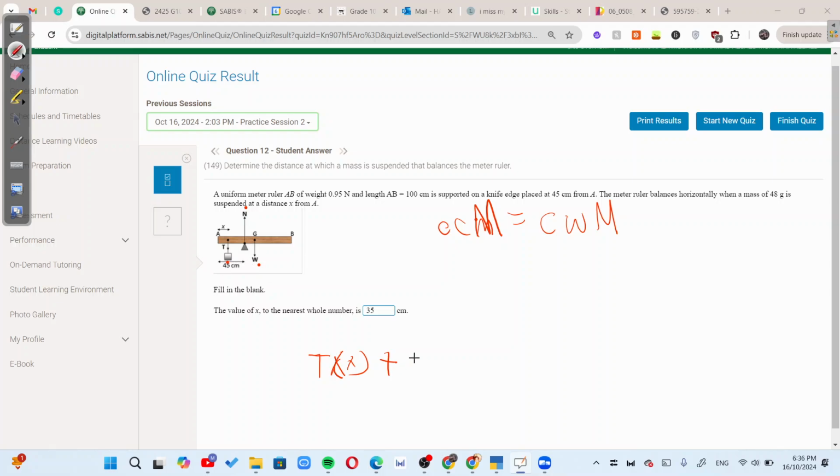I'll tell you where we get the 50. We said this is a uniform meter ruler. 1 meter, half of it is 50 centimeters. Equals the counterclockwise moments, which is N, times our distance, which is 45.